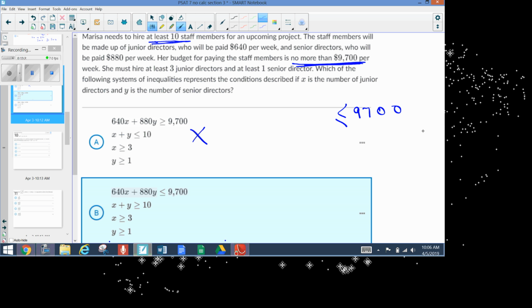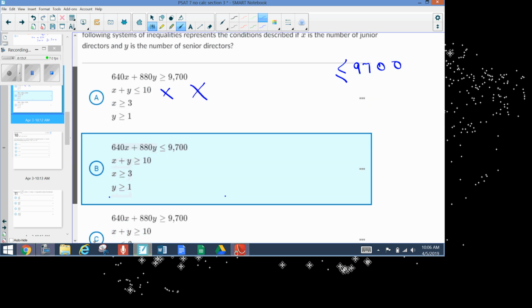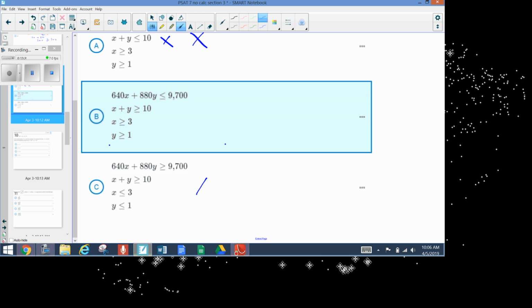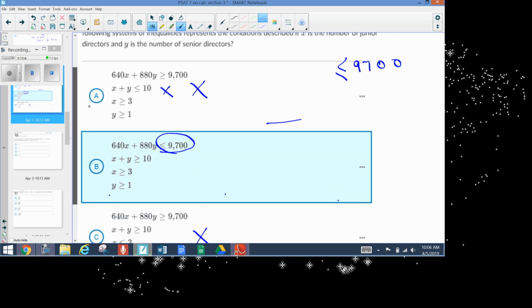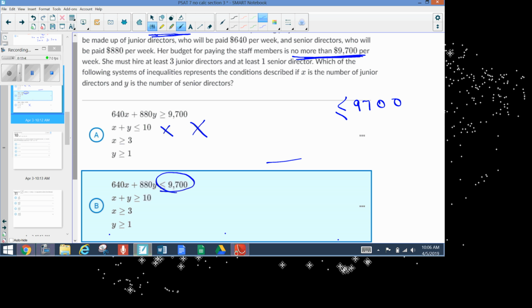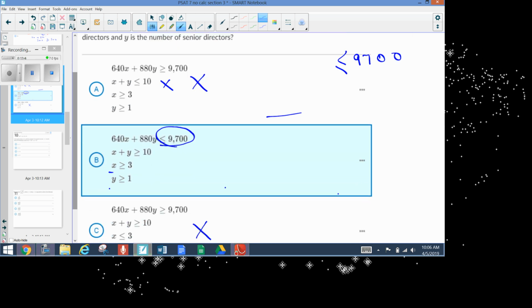Correct? So as you see, this is not right. I look at this one, not correct. It should be less than something like this. One more thing. When I get back to the question, she must hire at least 3 juniors, at least 1. Supposed to have at least 3, at least 1. Does that make sense?